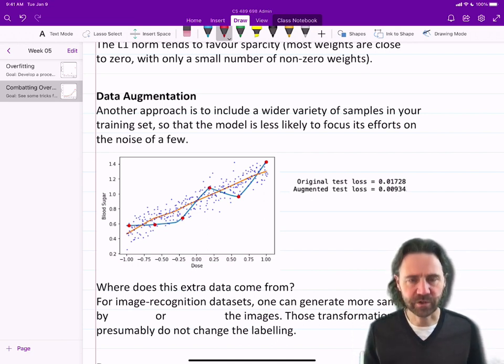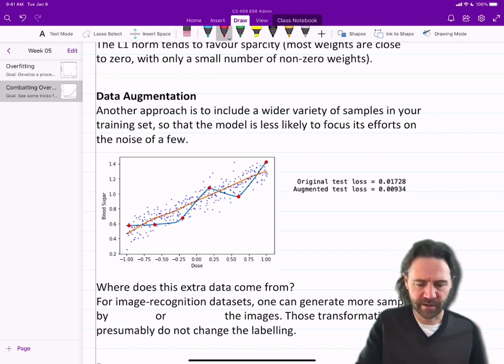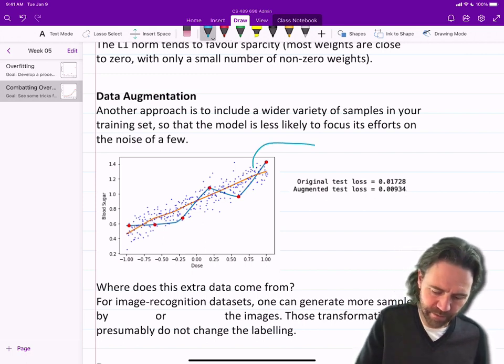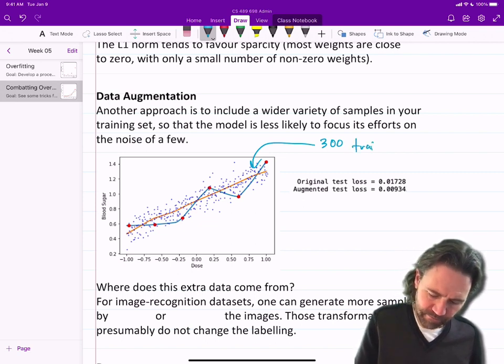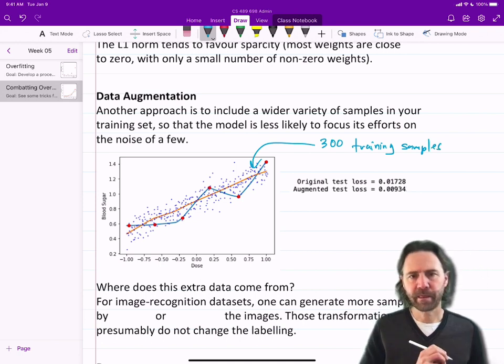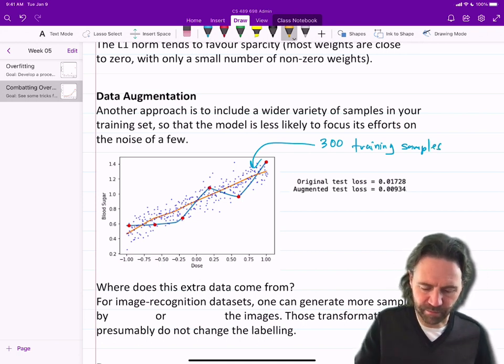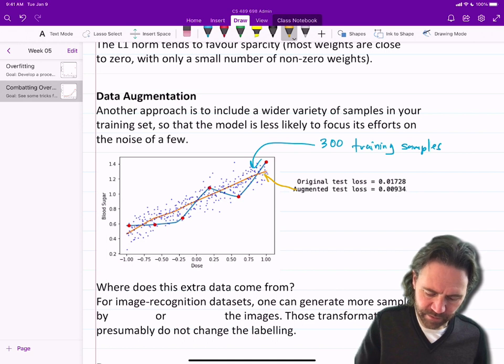And indeed, if you train the model on more points, like these 300 training points, then we get a much more robust model, this orange one here.